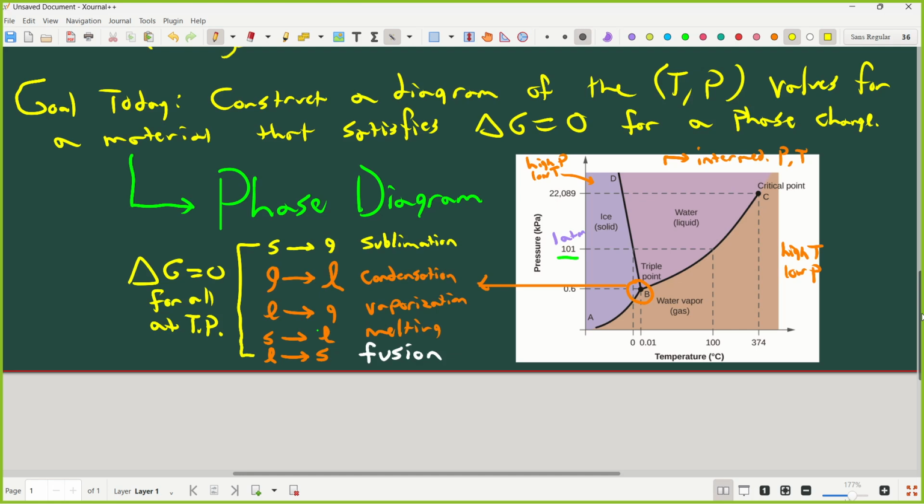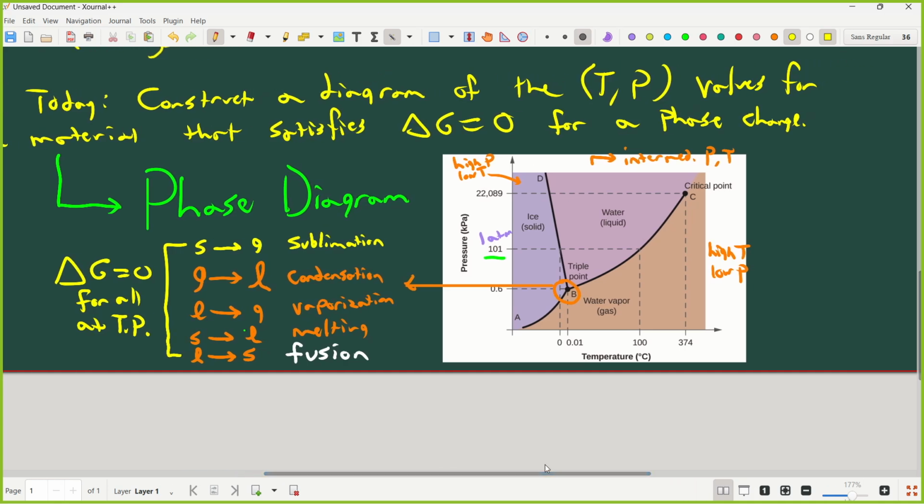There's only one phase. So the critical point is this magical place where our concept of gas and liquid ceases to occur. So this is the end of gas-liquid coexistence. Only one fluid phase exists.